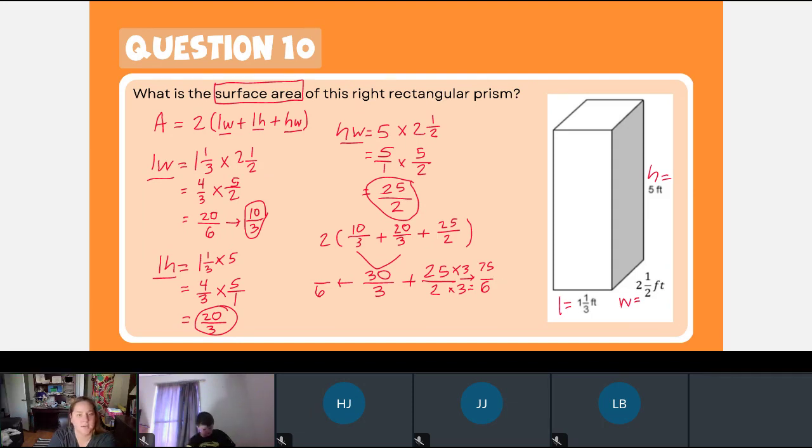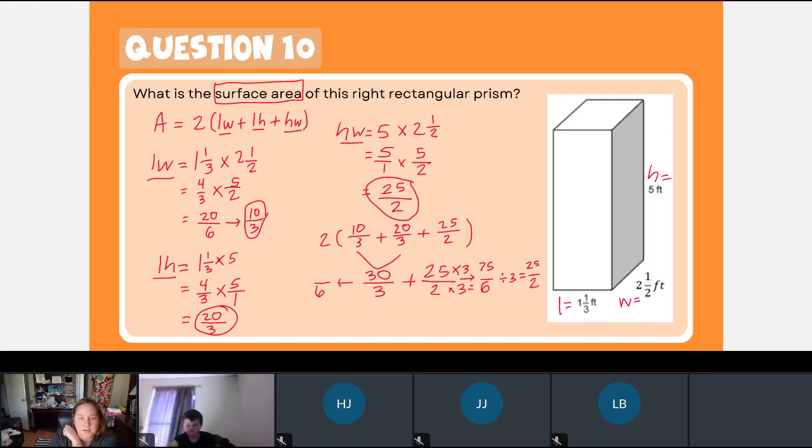Never mind. I can't read. We can divide both of those by 3. And 75 divided by 3 is 25. And 6 divided by 3 is 2.